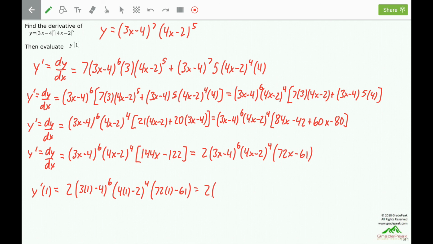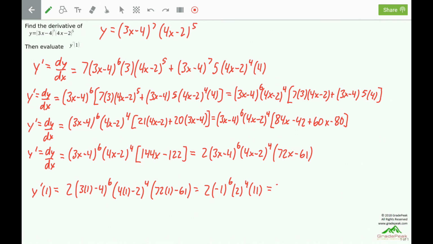So we will have 2 times (3 minus 4, which is a negative 1) to the 6th power. 4 minus 2, which is 2 to the 4th power. And then 72 minus 61, which is 11.